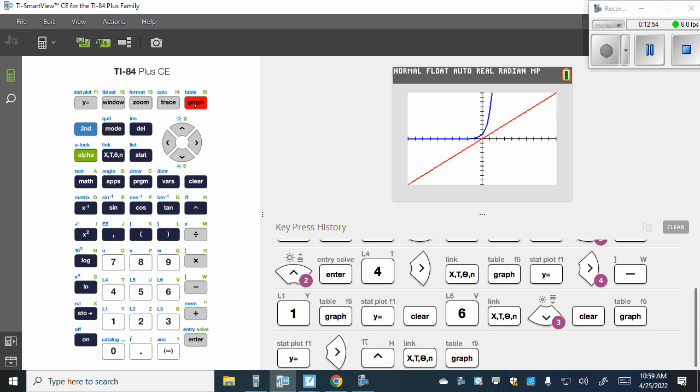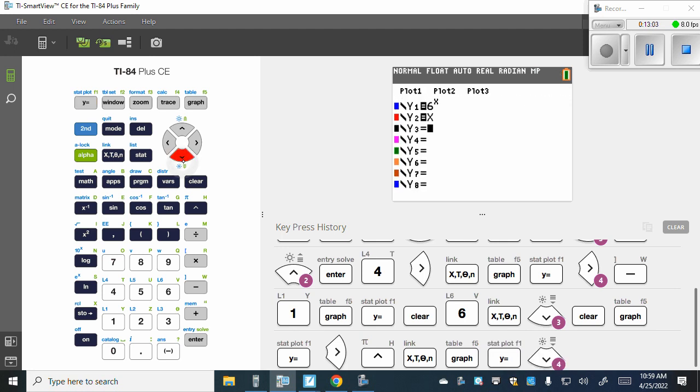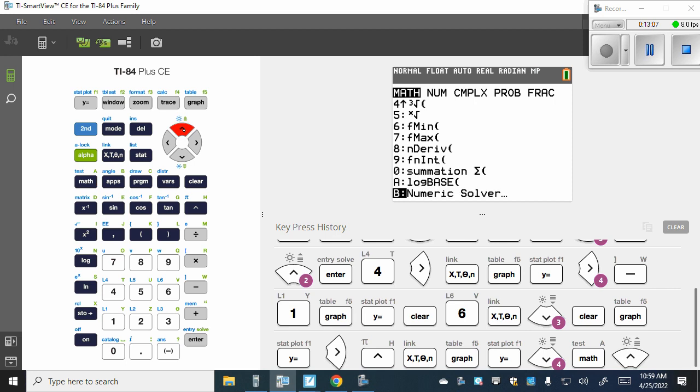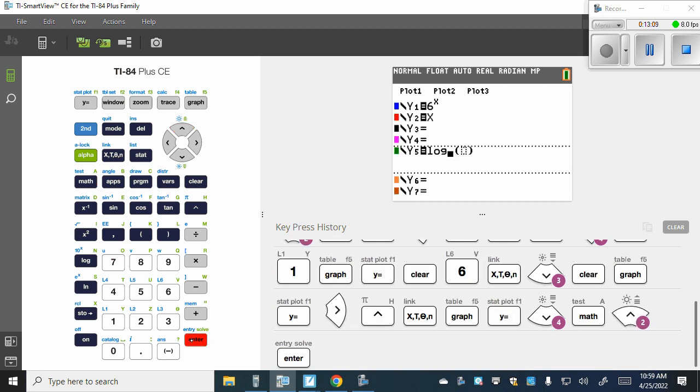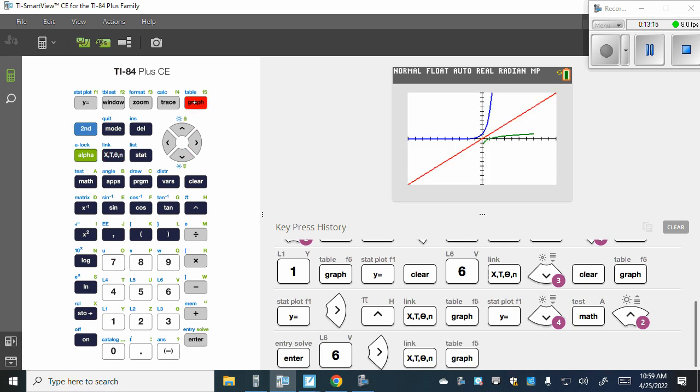Now I went on and put the red one in there, y equals x, because any function that is an inverse will be reflected across this line. We can do green. Log base 6 of x. And if we look at this graph, it is reflected across that line, y equals x. So these two functions would be inverses of each other, and we can see this graphically.